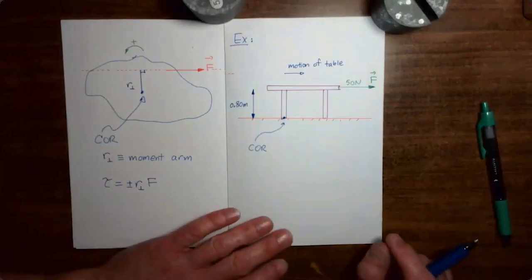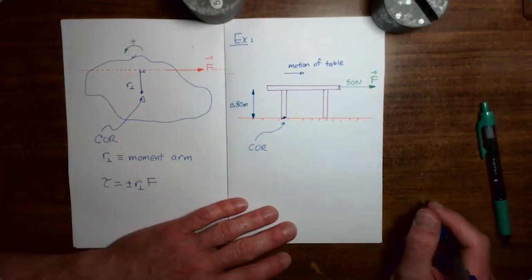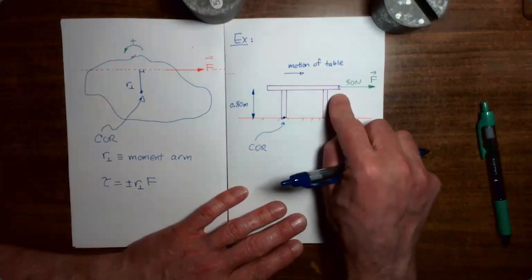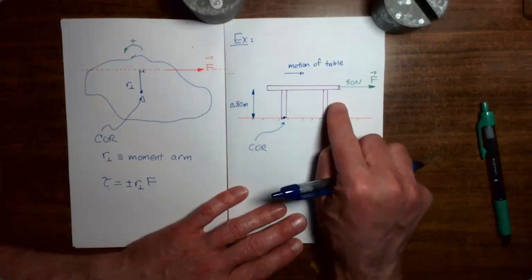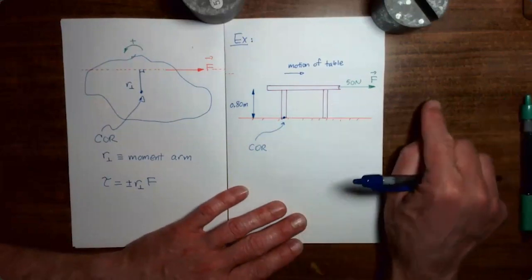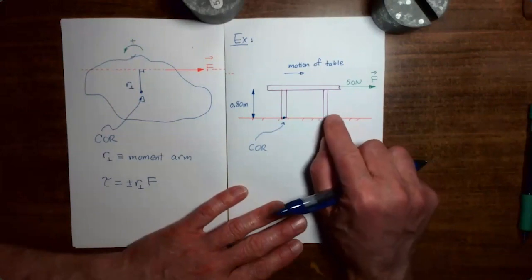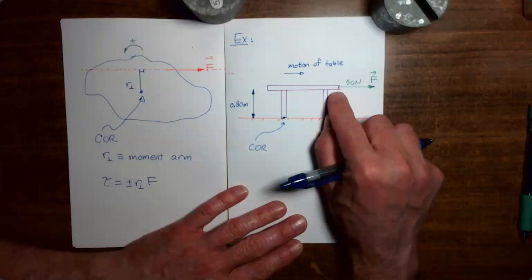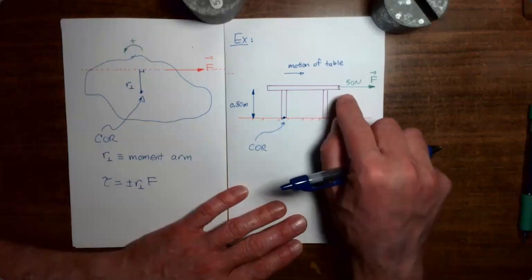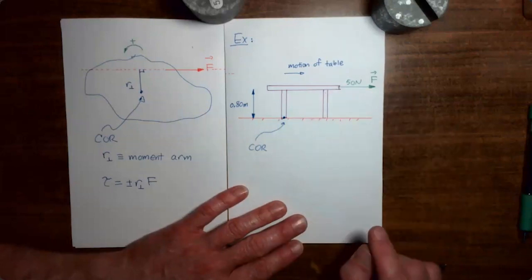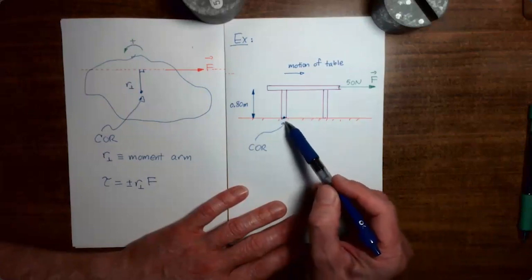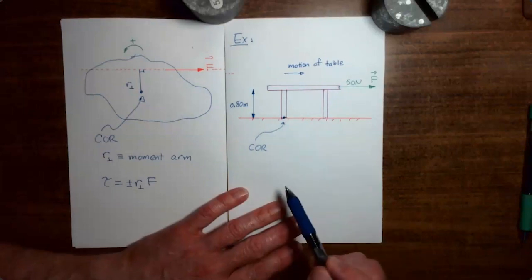Now I'm going to show you a very quick example problem to illustrate how we would use this new formula for torque. What we have here is a situation where a table is being dragged along the floor towards the right, and whoever is dragging that table is using that 50 Newton force applied to the top of the table, pulling to the right. We're going to say that our center of rotation is at the bottom of the left leg of the table where it contacts the floor.